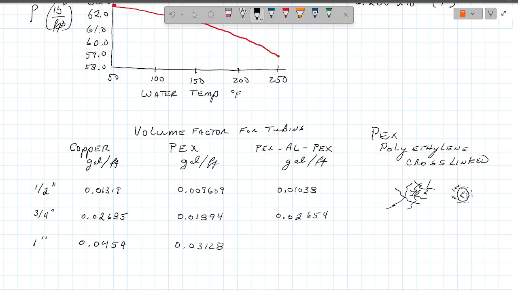And then the 1 inch aluminum is 0.04351. And normally we don't make anything larger when it comes to the PEX, aluminum PEX. But I'll go do 1.25 inches here so that you have this number.